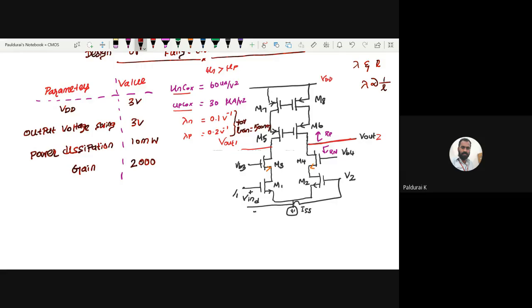Keep only that. So for a minimum length of 500 nanometer, this is the lambda.